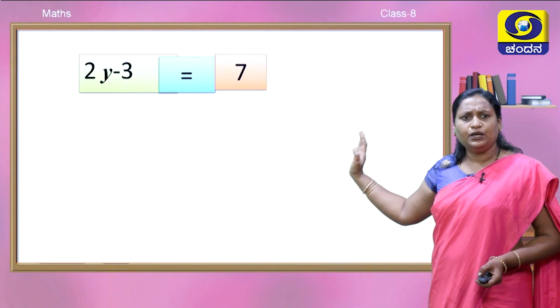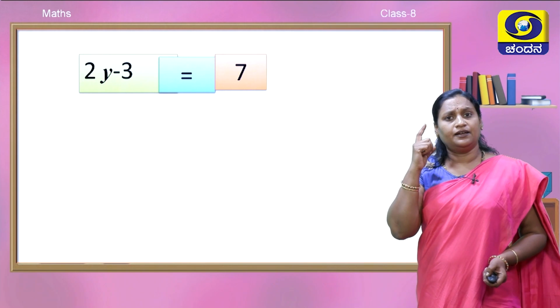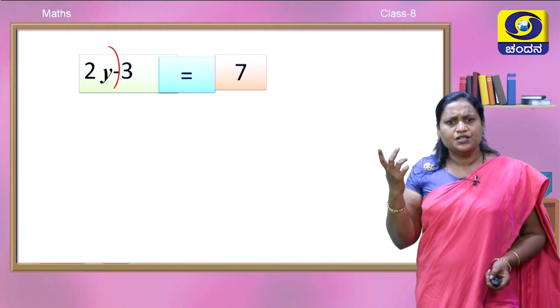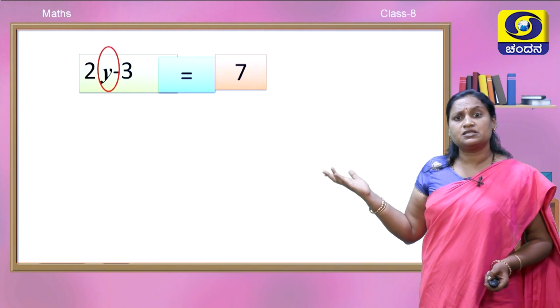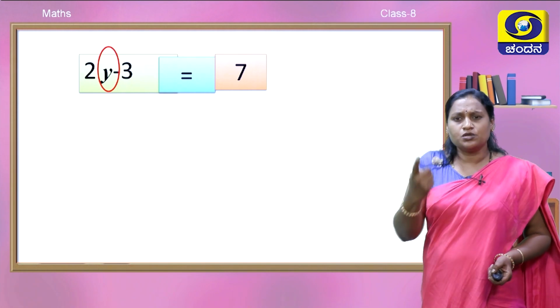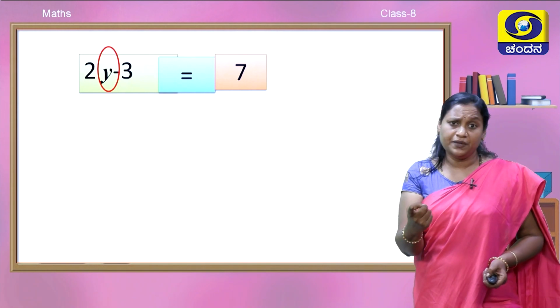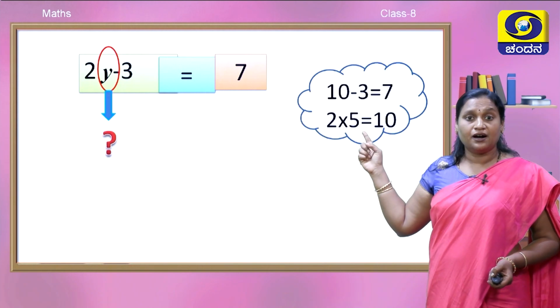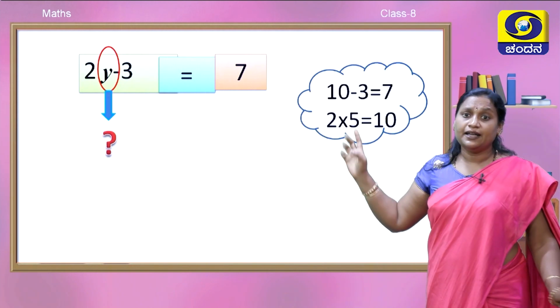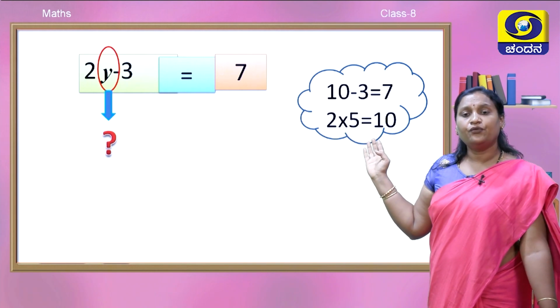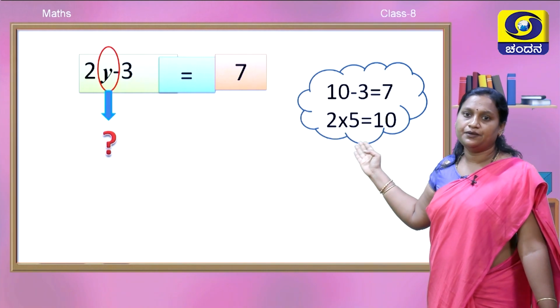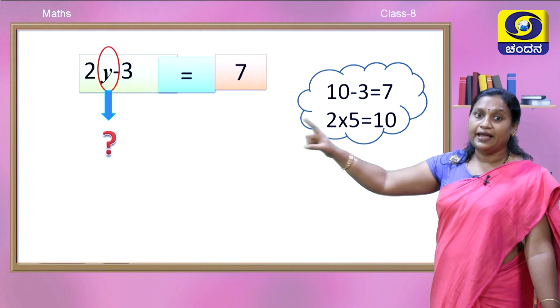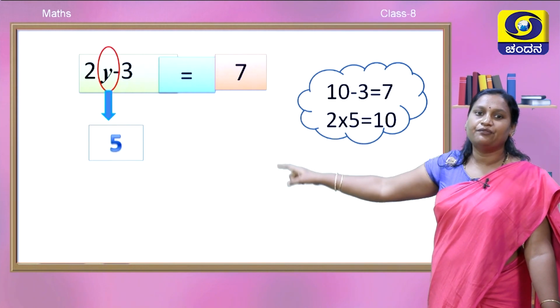Now, whenever an equation is given, we start thinking, what is the value of y? So here in this case, 2y minus 3 is equal to 7. Most of you are already thinking, what should be the value of y? Some of you are already thinking, 2 into 5 is 10, 10 minus 3 is 7, and hence the value of y should be 5.